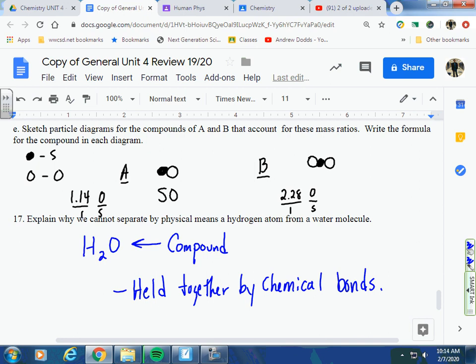The only way we can break H2O down is by decomposing it, which is a chemical separation technique. All right? Can't just filter it. Can't filter water and have the H2O come out. You can't boil water and have just the H2O or H2 leave. All right, so that's the end of the video finally.